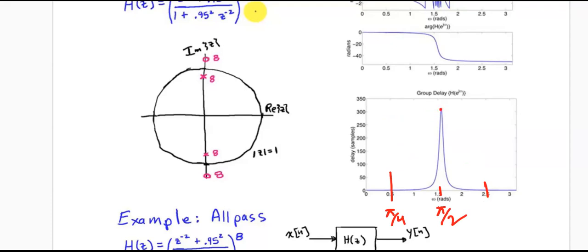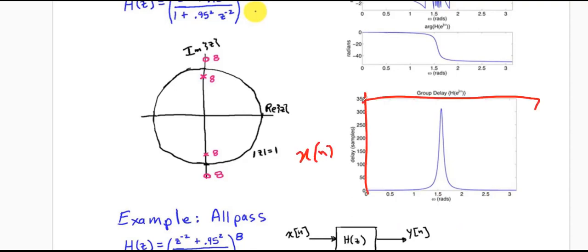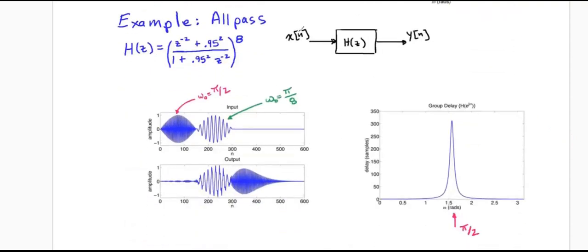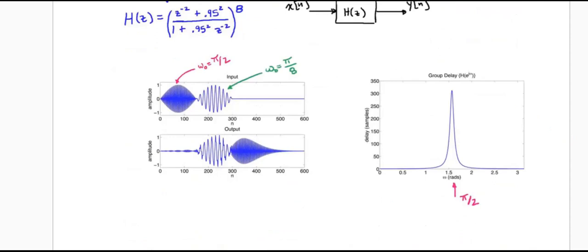That is a 300 sample delay. Now what will happen if we put a signal x[n] through this kind of filter and try to find y[n]? How does it look? This is an example. We are giving our input and we want to see our output, where this is our all-pass filter, which we have already discussed. This is our input x[n].